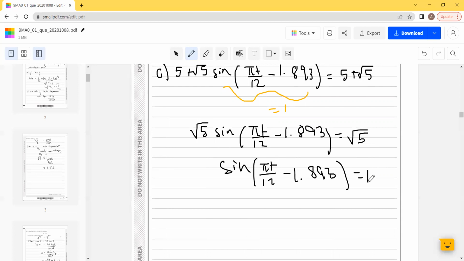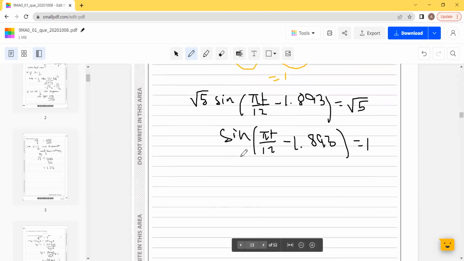And this is obviously true, because when is sine maximum? It's maximum at 90, and sine of 90 is 1. So we're basically trying to figure out when this is equal to 1. I've already said it's 90.